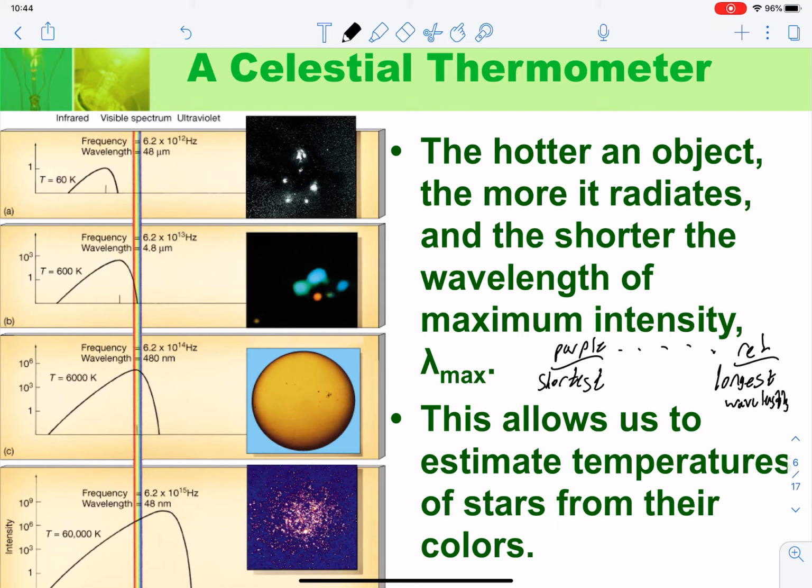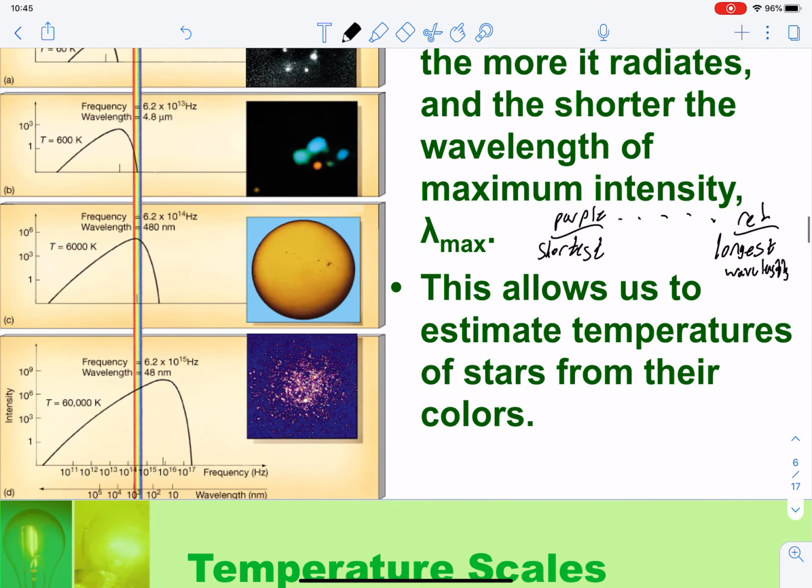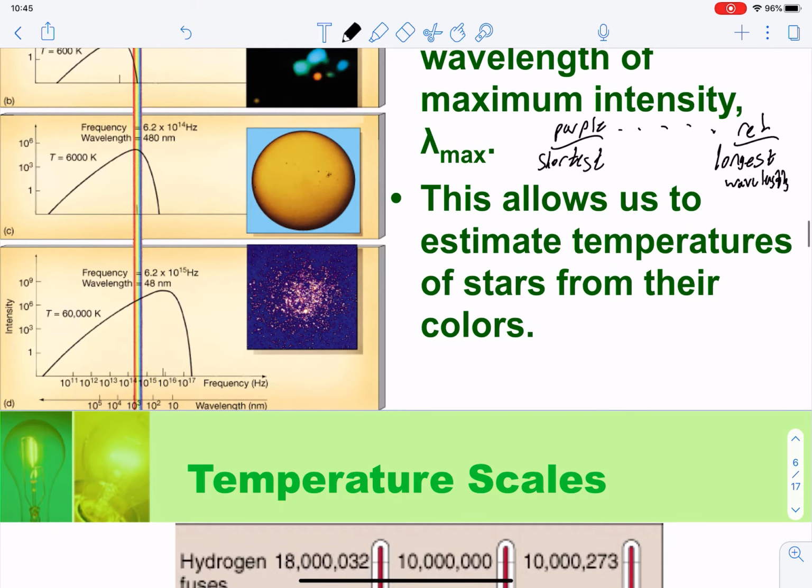I know when we think of fire, when you're heating something up, it becomes red. There are actually temperatures hotter than that, exponentially hotter, where we start to see blue stars and purple stars giving off an enormity of intensity. And this allows us to estimate temperatures of stars from their colors.